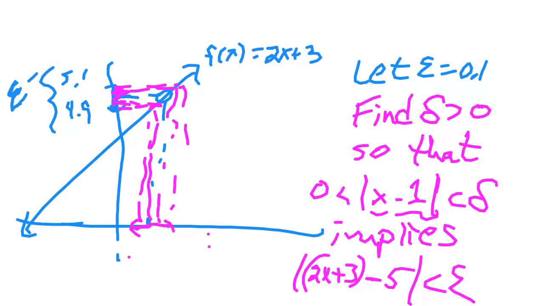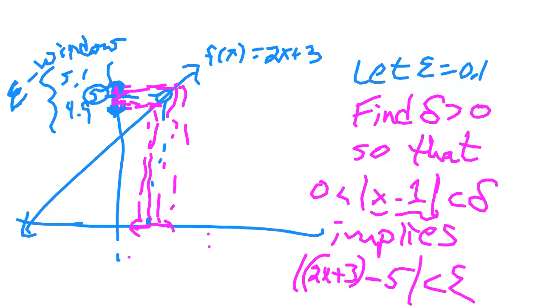Remember, epsilon is a height, or it's a vertical window. It's a height window. Okay, and of course I've got my L right in between of 5 there. But anyway, for the given epsilon, I'm going 1/10 above, 1/10 below.